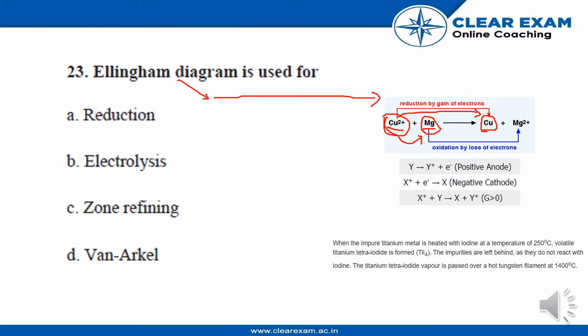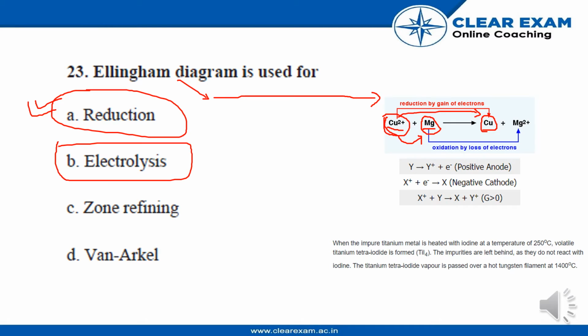So from this we can see that reduction is the most appropriate approach we can use for that. In electrolysis, there are only ions being moved from one position to another.